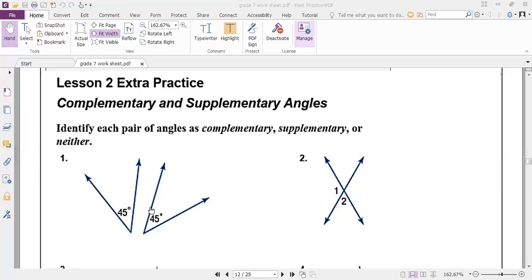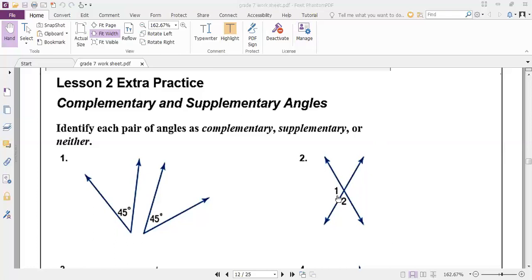Again, complementary angles are two angles whose measures sum to 90. If the measure of the two angles is equal to 90, my friend, I can call them complementary angles.